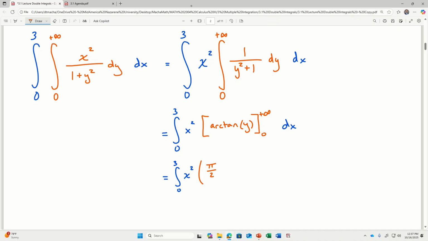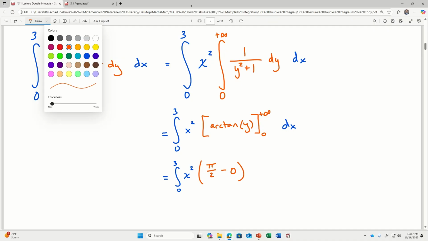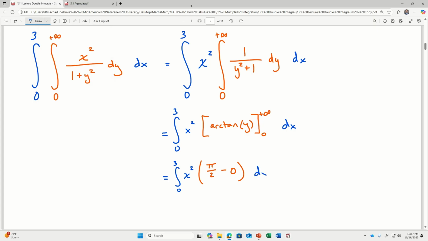What is arctangent of 0? Very good. So we take pi over 2 outside of my integral because it's a constant.